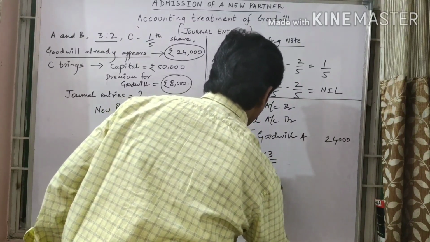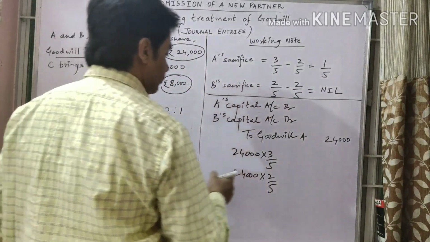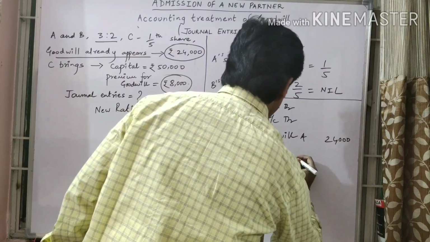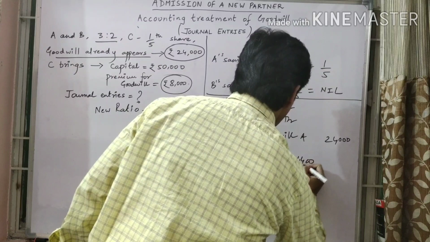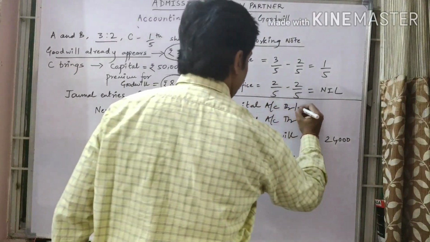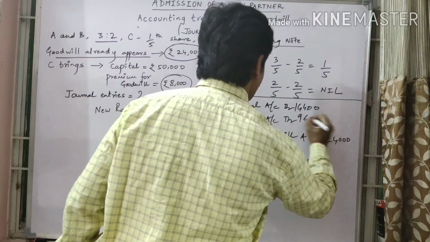You have to distribute this amongst the partners like this. Okay, so it is 4,800 into 3, 14,400 and 9,600. Therefore, the amounts for these entries would be 14,400 and 9,600.